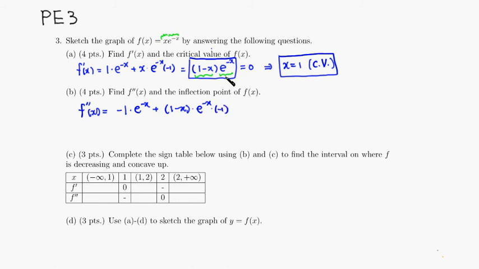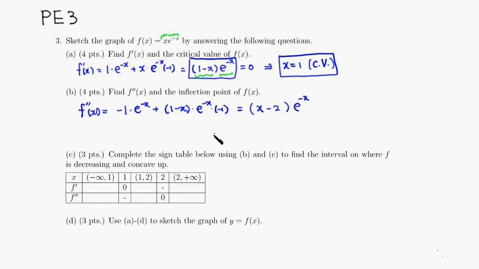So we pull out the e to the negative x. Then you have a negative x, so plus x. Here's a negative 1, and then you have another negative 1, so it's going to be minus 2.